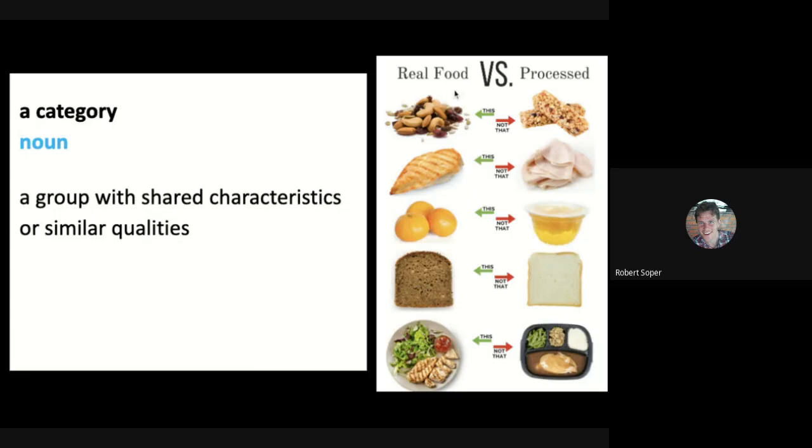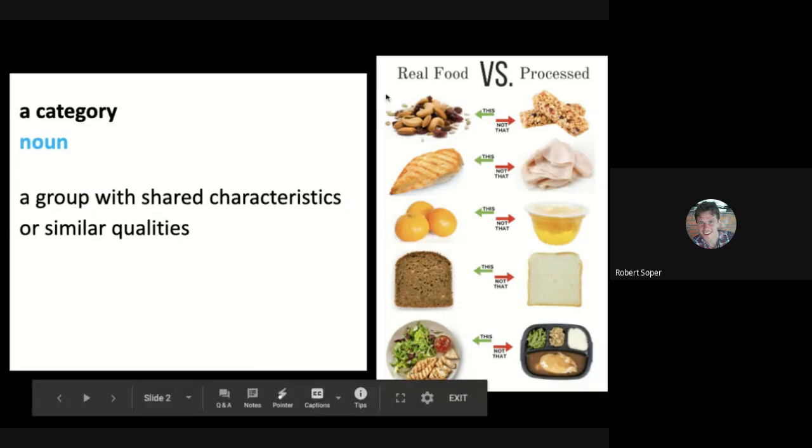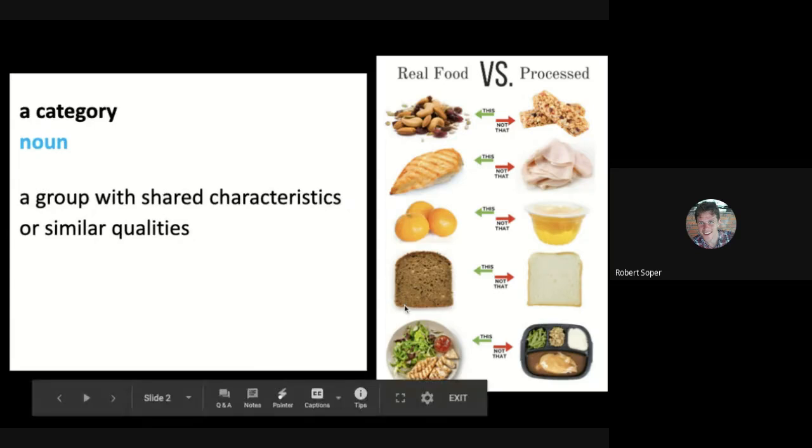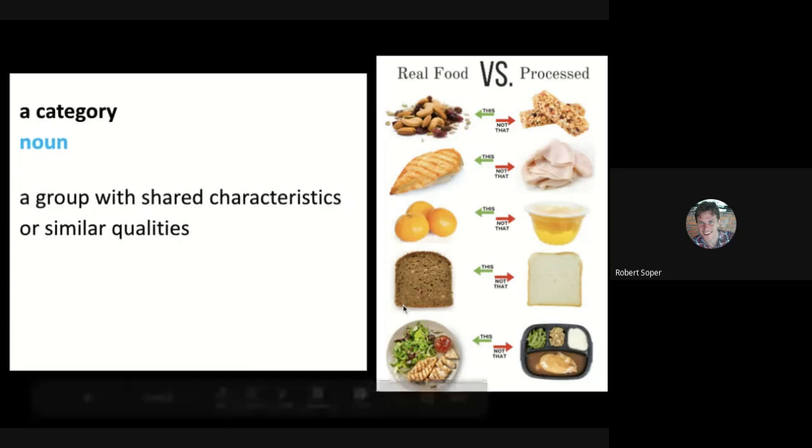Okay, so here we have a list of two different categories. And here we've got real foods. So have a look at that list and what qualities distinguish these foods. Well, all of these foods are wholesome, they are good for you, they are made from natural products.